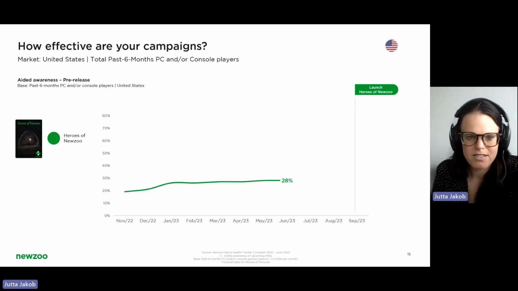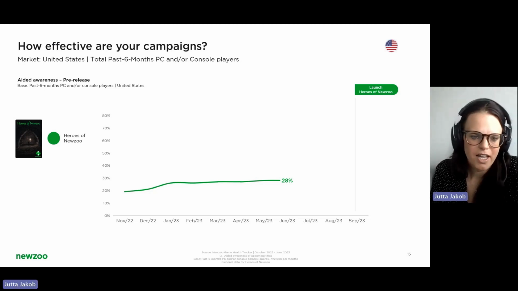However, it appears that pre-release awareness levels have plateaued over the past few months, indicating that our current efforts may not be reaching a broader audience of PC and console players. Of course, this is dummy data since Heroes of Newzoo is a fictional game.